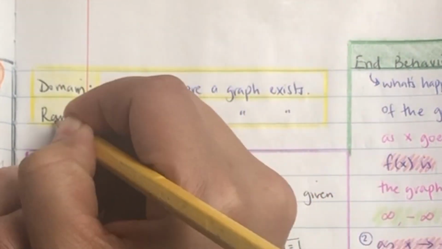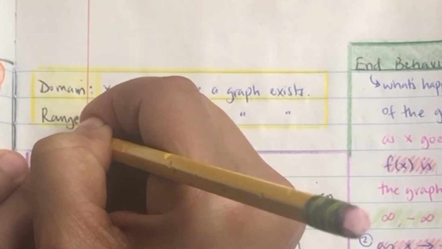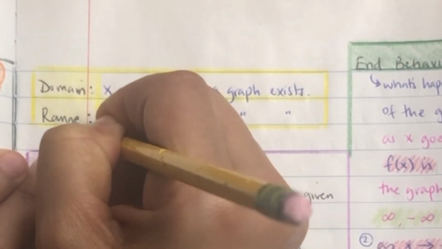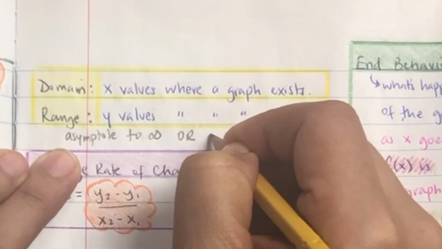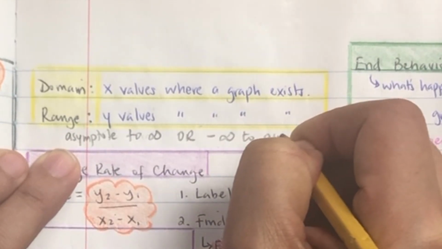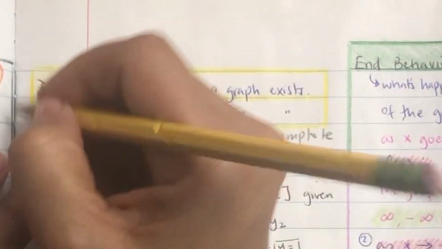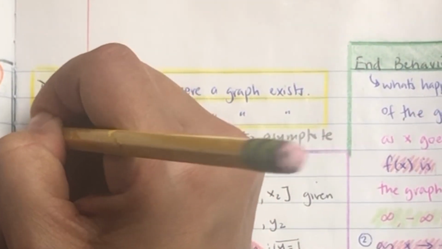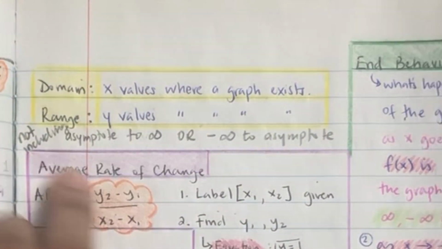So for your range, it's either the asymptote to infinity or negative infinity to the asymptote. But remember, not included. Okay, so those are your two options.